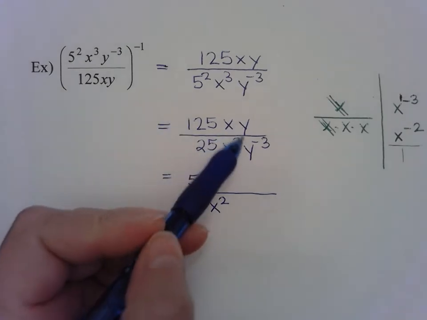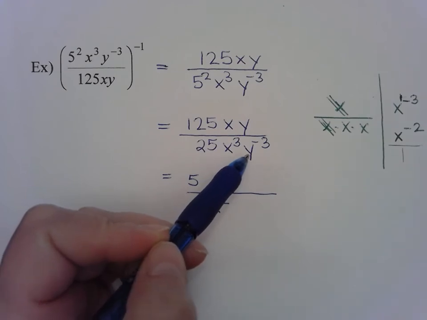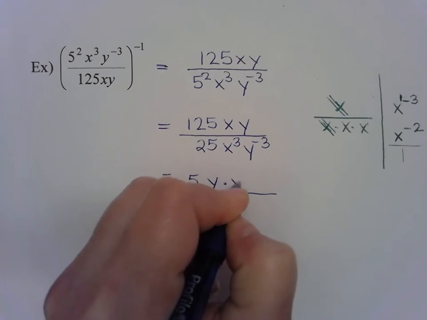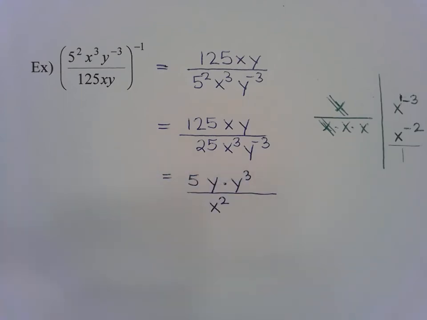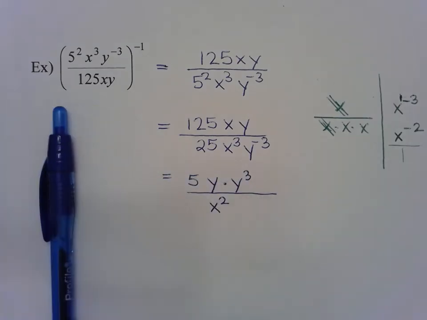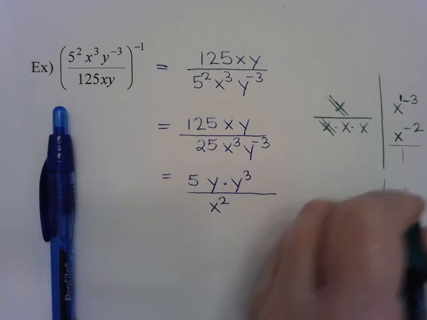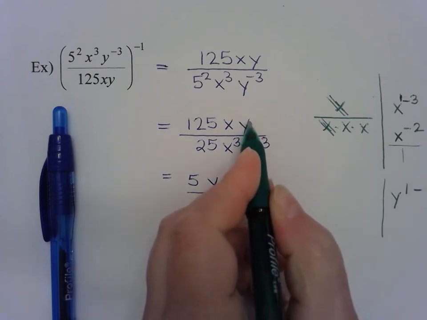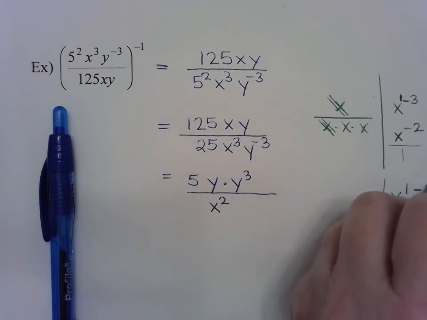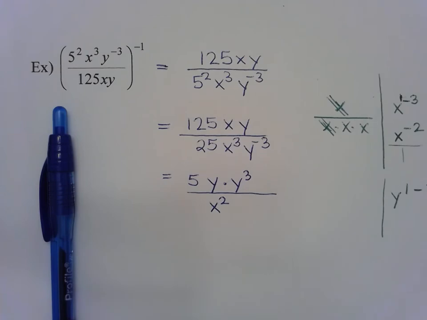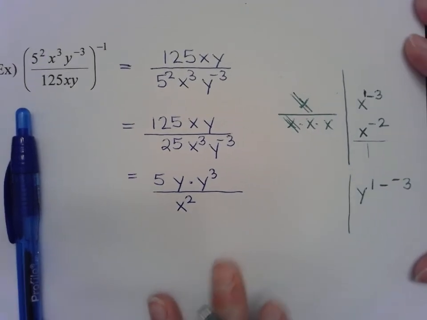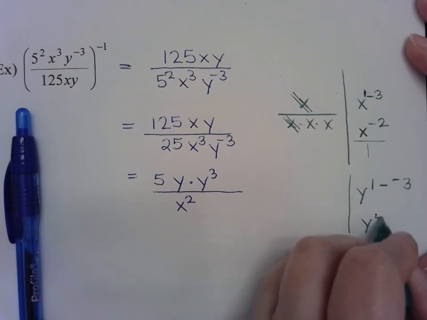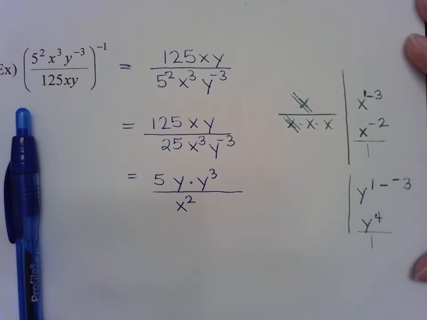Okay, likewise for the y's, you could do the same thing. I like to move the y to the -3 to the top. You could, and I'll write it off to the side, subtract the exponents if you like that better. This is y to the first, so you'd be subtracting -3. 1 minus -3 is like 1 plus 3, which would give you y to the 4th.